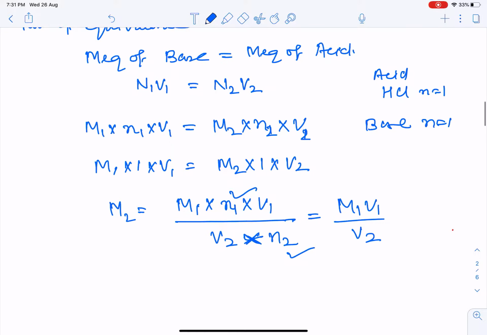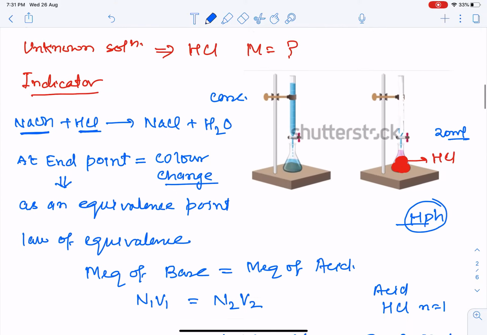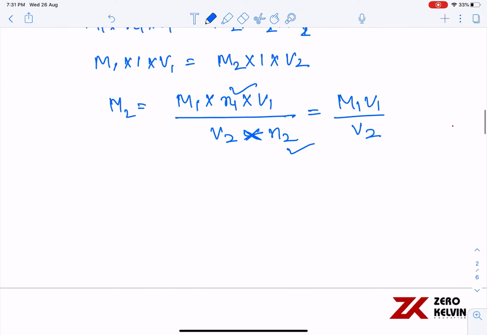So you can find out the concentration of this solution. In this way you can find out the concentration of the unknown solution, right?